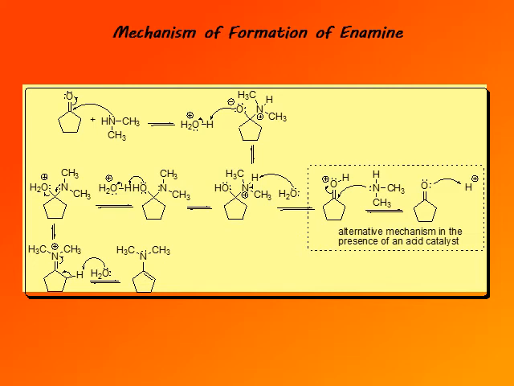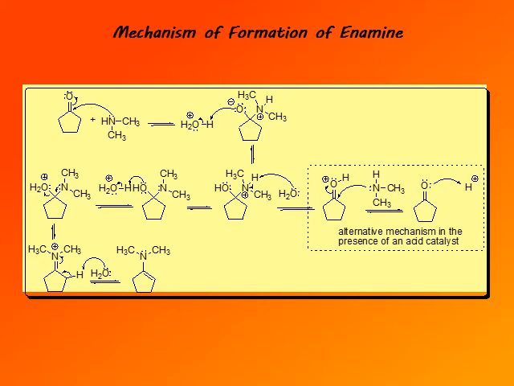So from the neighboring carbon, one of the available protons is removed. That results in formation of a carbon-carbon pi bond, and the electron pair from the carbon-nitrogen pi bond flows to nitrogen and ends up as a free electron pair on the nitrogen. And so that's the resulting molecule of an enamine.